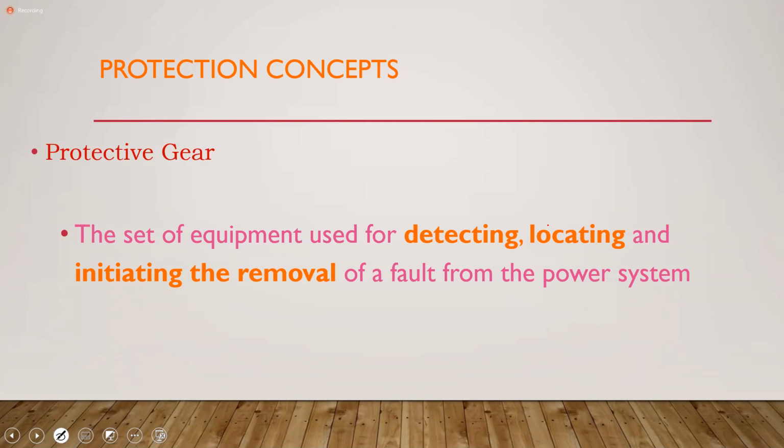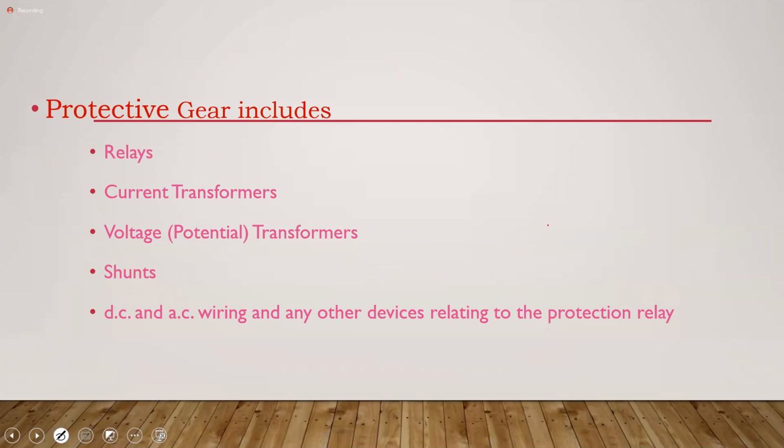Okay. So the equipment that would be listed under protective gear would be your relays, your current transformers or CTs, your voltage transformers, and note I put potential transformers here because depending on the literature that you are reading, if it's a little dated, then it would refer to voltage transformers as potential transformers.